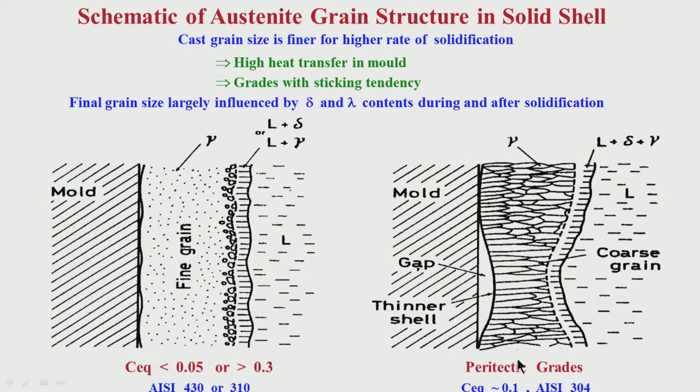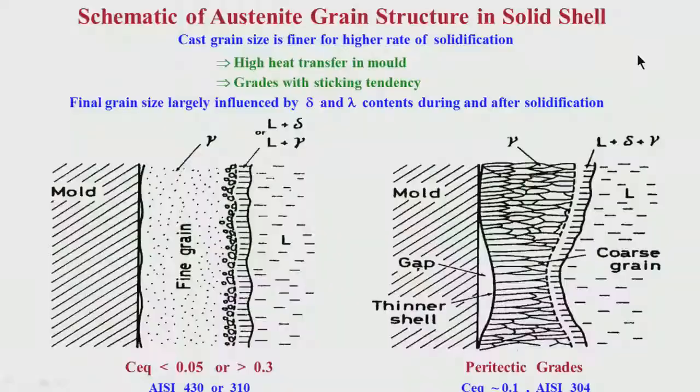The same thing I am trying to explain here schematically through the austenitic grain structure in the solid shell. After solidification, when we cool to lower temperature, finally all grades will become austenite irrespective of the chemistry, but in solidification mode, somewhere it is delta, somewhere it is delta plus gamma, somewhere it is only gamma austenite.